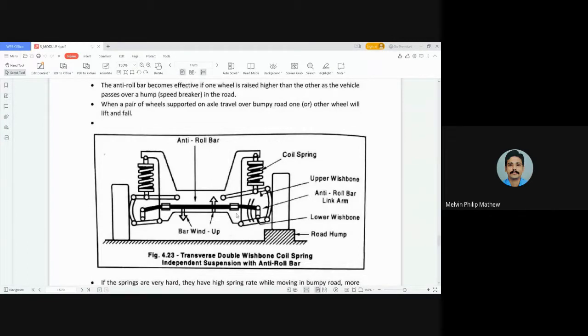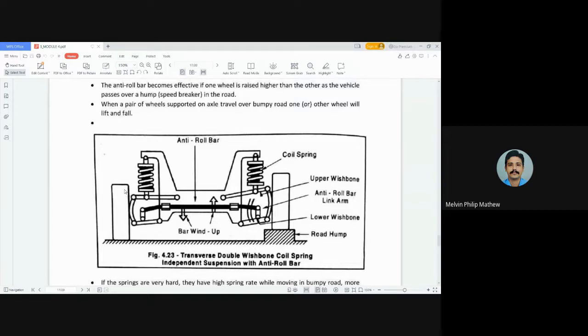You can see in the figure that the tire is raised up on a hump. This condition is similar to that occurring in a vehicle roll, as I have shown you in the video.